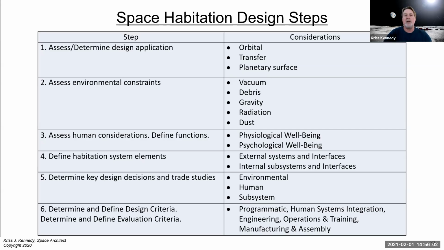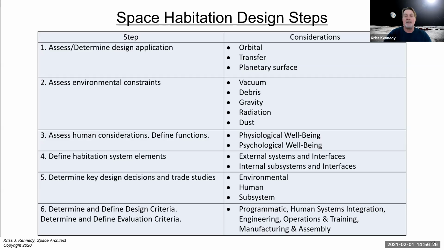So here is a recap of the space habitat design steps. Assess and determine the design application. Is it orbital, transfer, planetary surface? Assess the environmental constraints: the location, gravity, debris, vacuum, radiation, dust, etc. Assess the human considerations. Define the function, the physiological and psychological well-being.